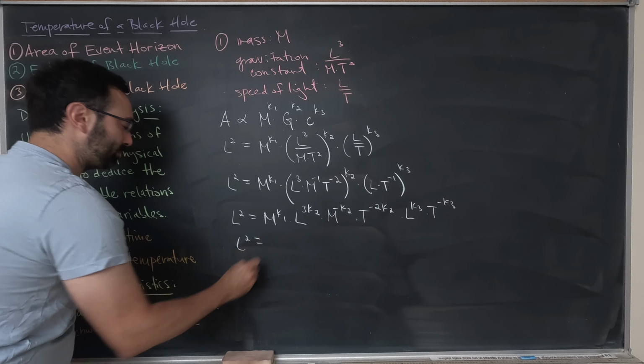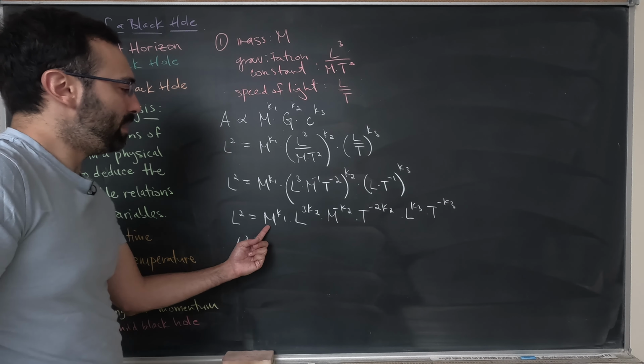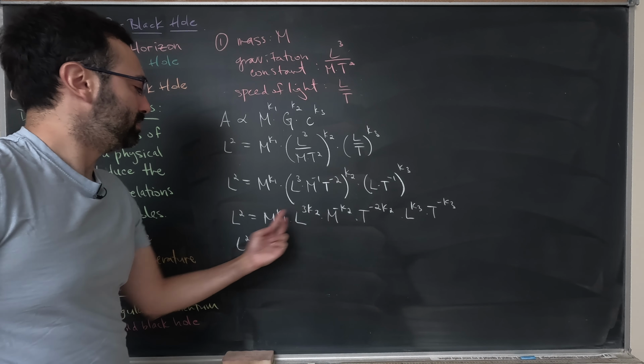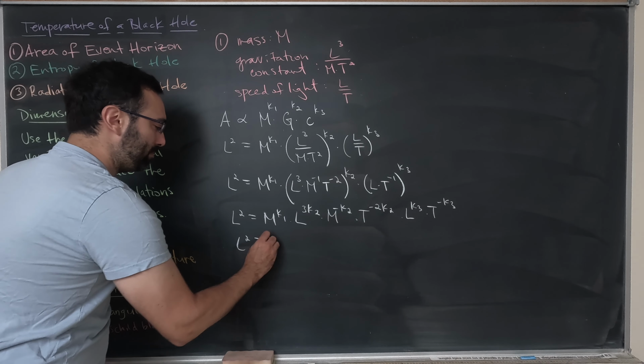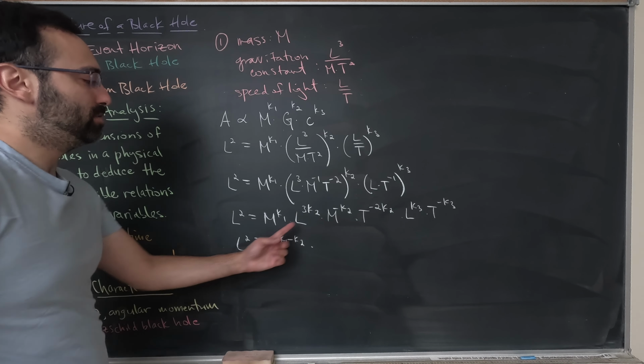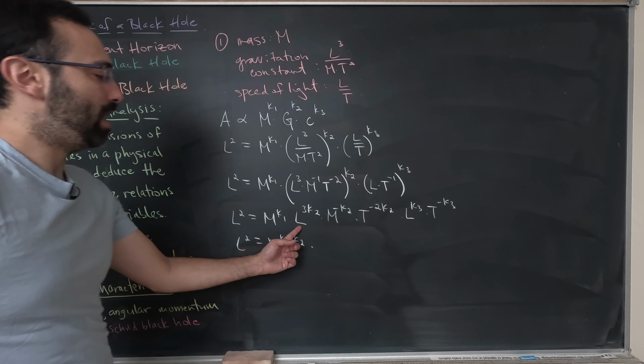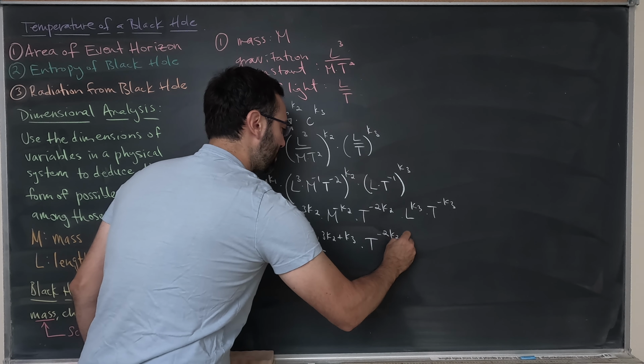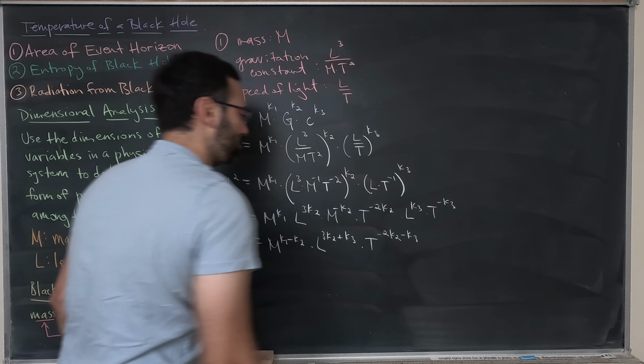But this mass and this mass, these powers, give us m to the power k1 minus k2. These powers of L give us L to the power 3k2 plus k3. And then these powers of t give us t to the power minus 2k2 minus k3.